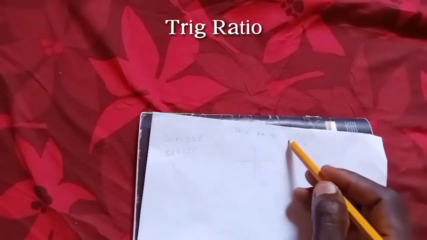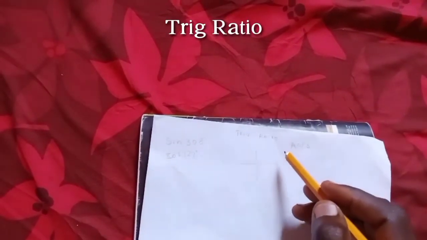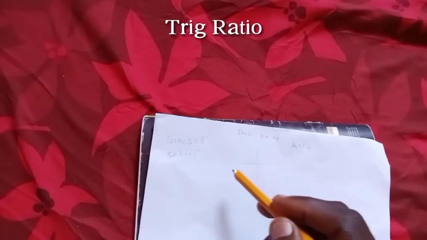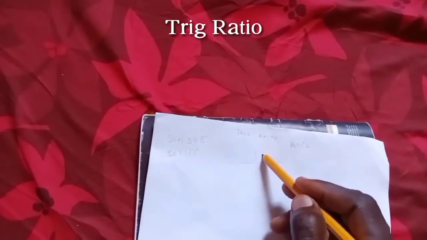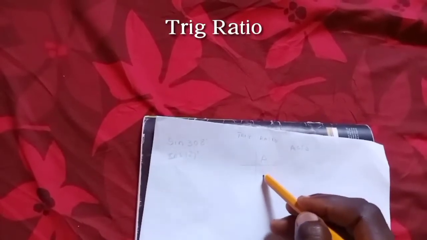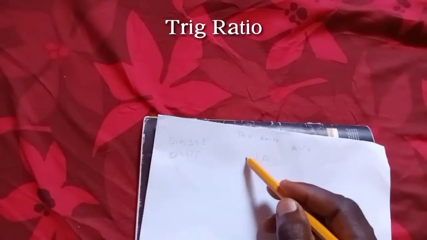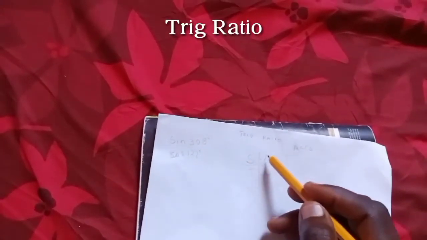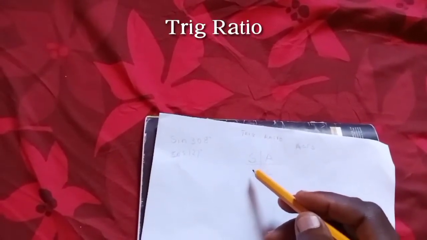In your quadrant, if you draw 4 cardinal points like this, spell your ACTS this way: A, C, T, and S. Just spell it backwards, ACTS. That's how to remember it.